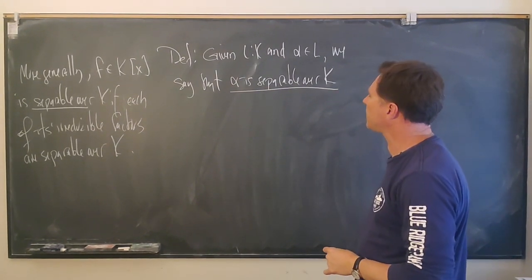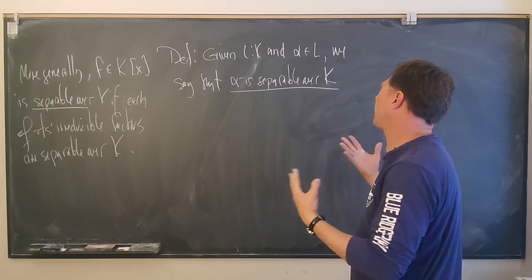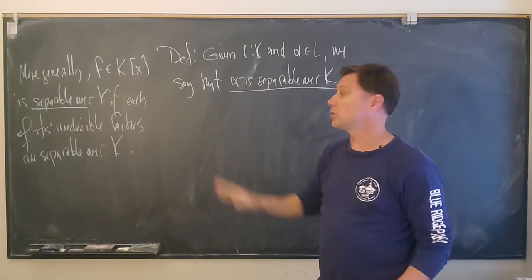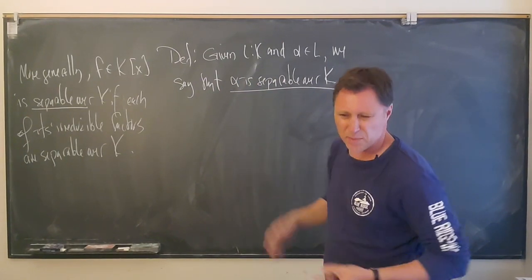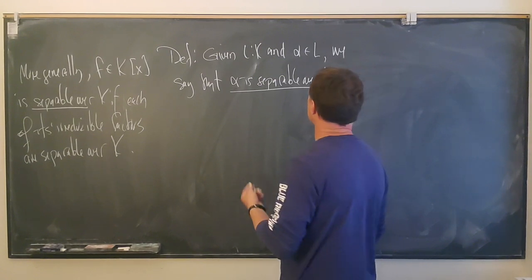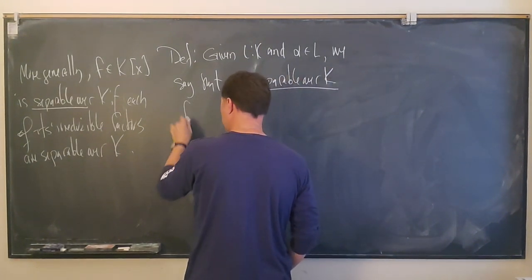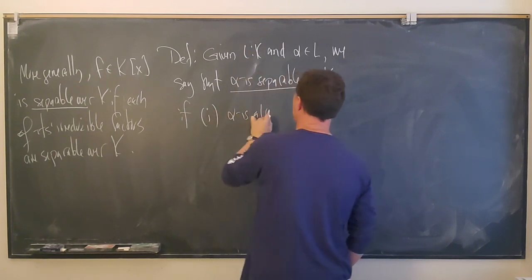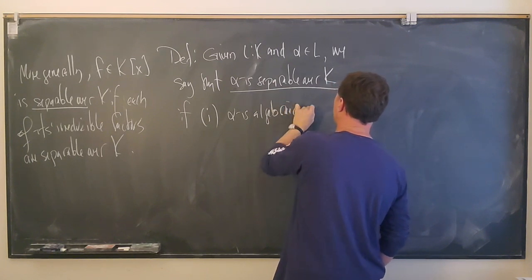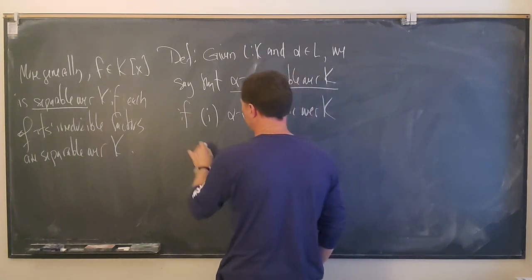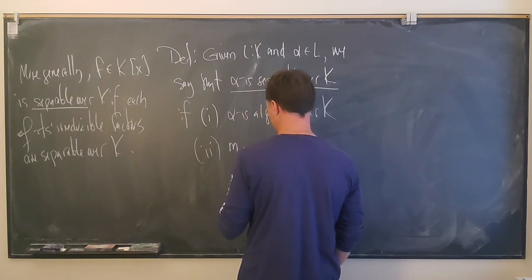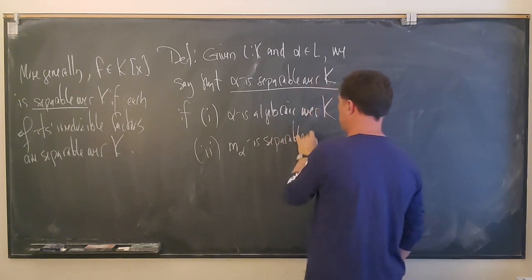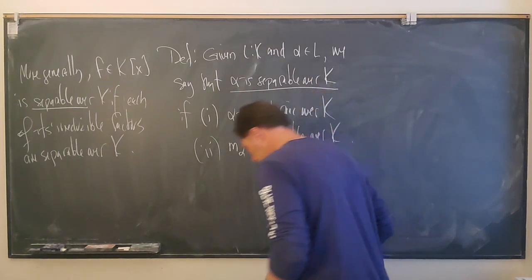Well, it should mean that alpha has a minimal polynomial that's separable over K. Now, to have a minimal polynomial, it needs to be algebraic, and so alpha is separable over K if there are two pieces to this definition. The first part, alpha is algebraic over K, and then secondly, the minimal polynomial is separable over K.